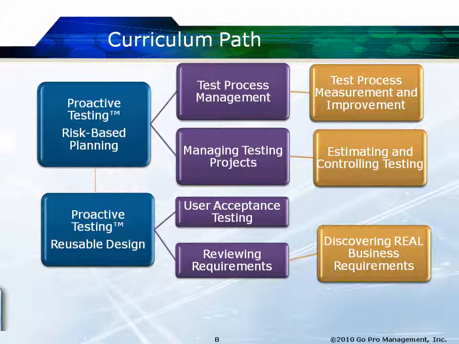The requirements information, as I said, is in line with and consistent with my book, Discovering Real Business Requirements for Software Project Success. So, curriculum path, the proactive testing modules you can find on GoGo now. Some of the others may be on GoGo in the future, but they're all available for presentation in-house at your convenience.